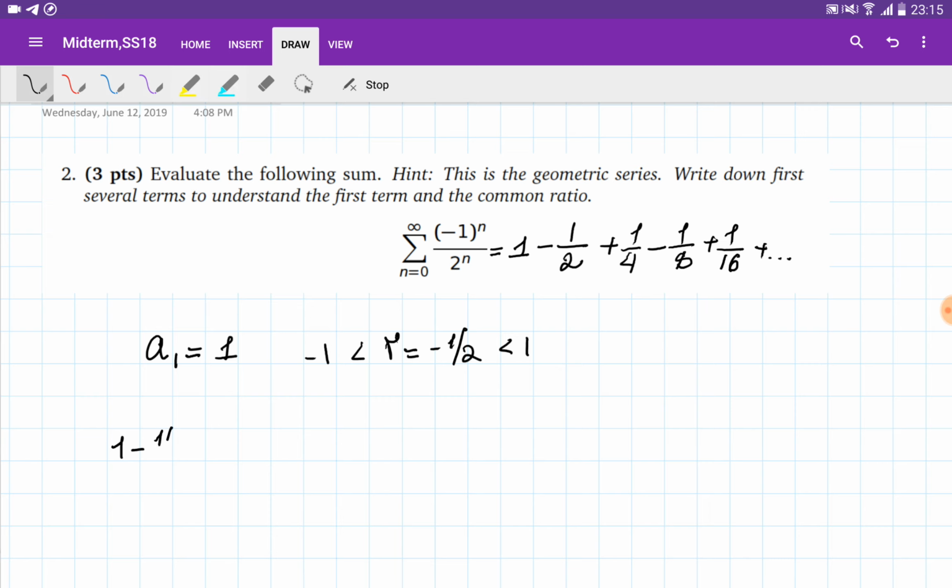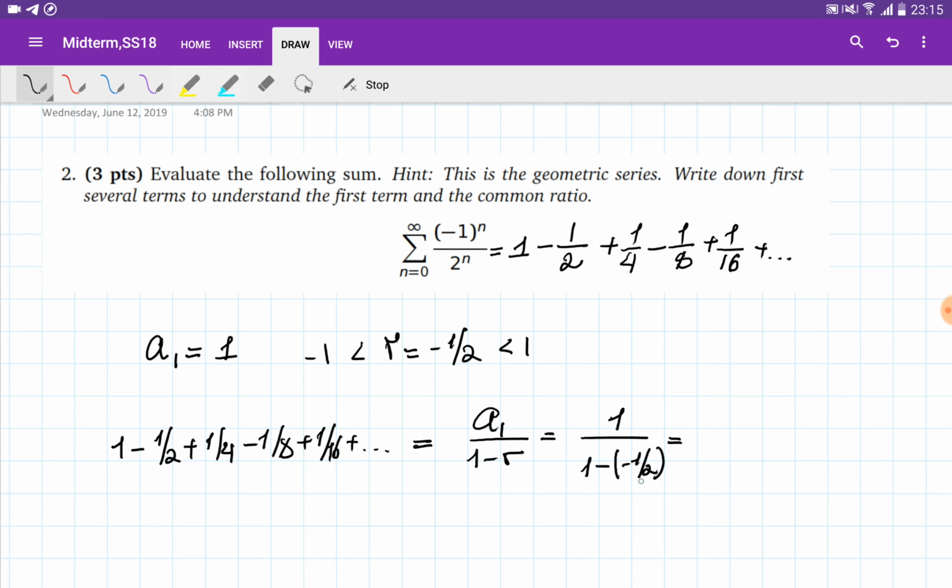So 1 minus 1 over 2 plus 1 over 4 minus 1 over 8 plus 1 over 16, and so on, until infinity is going to be equal to a1 divided by 1 minus r. This is equal to 1 divided by 1 minus minus 1 over 2, which is going to be 3 over 2 in the denominator. If I take its reciprocal, it's going to be 2 over 3. So the sum of the series is equal to 2 over 3.